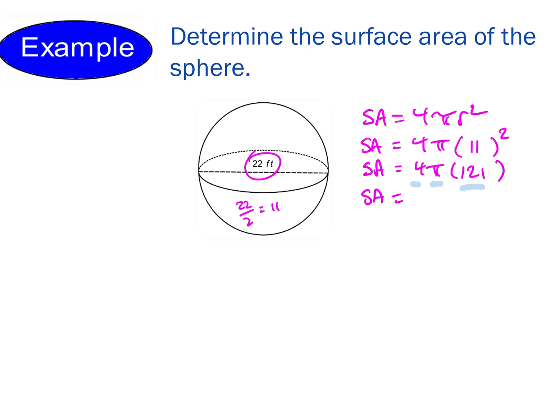What do we get? Excellent. We get 1,520.53 feet squared. That is the surface area of the sphere.